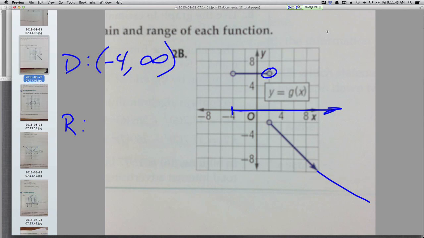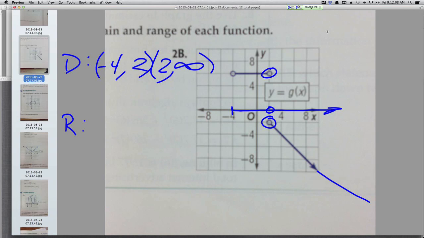If you look, is there a y value for the x value of 2? No. So that means when I write it, I'm going to have one section and then another section. So I need to go from -4 to 2, parentheses on both of those, and then to infinity. Everybody with me there?